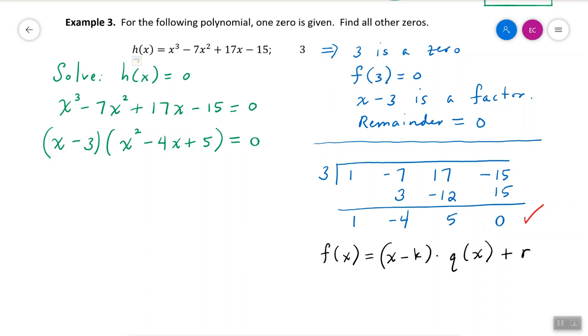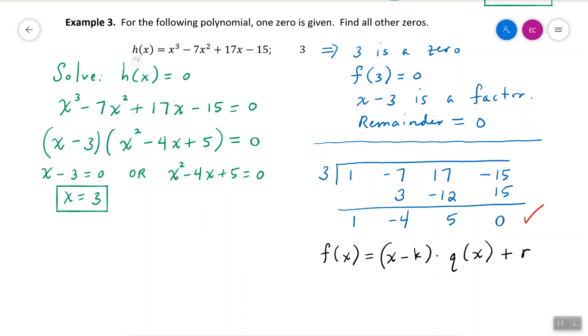We'll go ahead and set the linear factor equal to 0 and get x equals 3. And of course, that's the 0 that we already knew, right? That's the 0 that we were given originally. And so then the other two zeros are going to come from solving the quadratic, x squared minus 4x plus 5 equals 0.